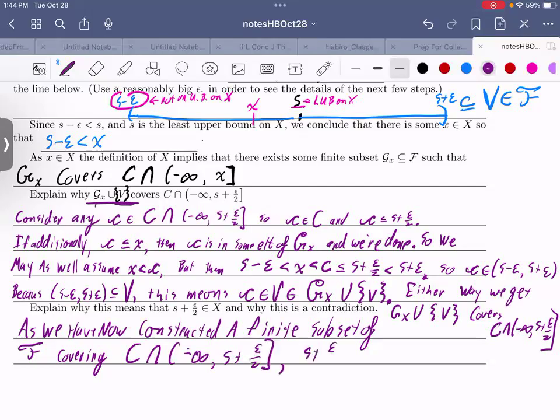So S plus epsilon over 2 is in the set big X by the definition of big X.